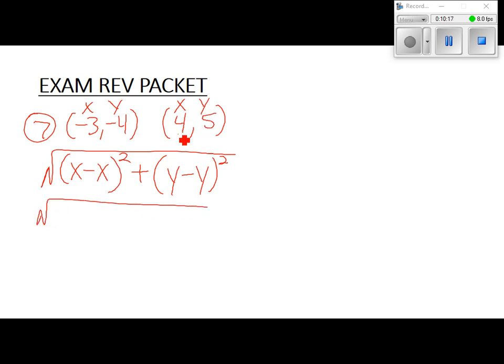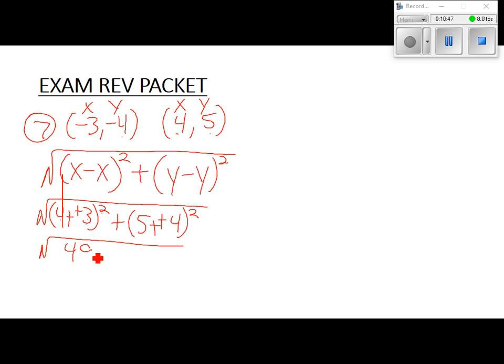I'm going to put in 4 minus a negative 3, squared, plus our y's are 5 and negative 4. So 5 minus a negative 4, squared. 4 plus 3 is 7. 7 squared is 49.